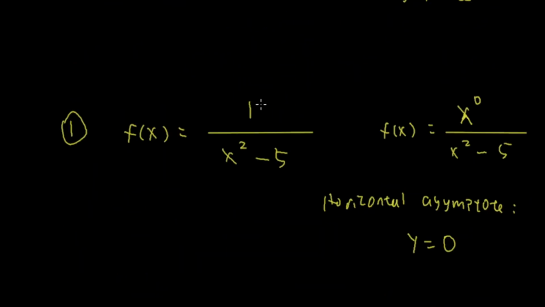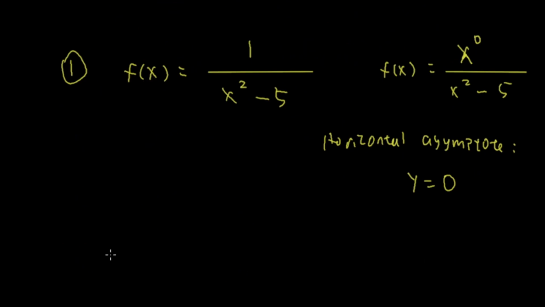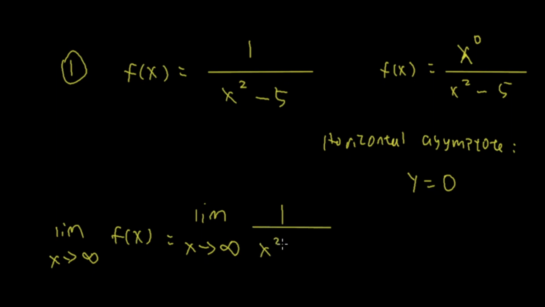Here, the limit as x approaches positive infinity of f of x equals the limit as x approaches positive infinity of 1 over x squared minus 5.